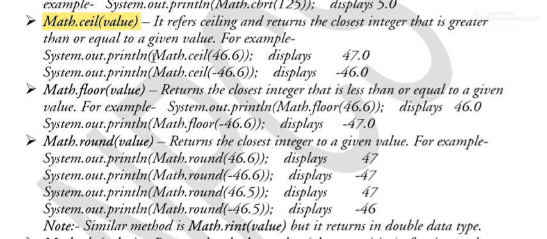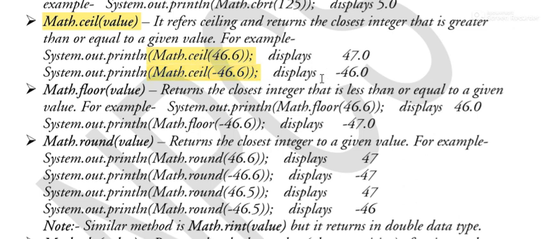For example, if we write Math.ceil(46.6), then the next integer of this value 46.6 is 47.0. In the same way, if you write Math.ceil(-46.6), then the next integer of -46.6 is -46.0.